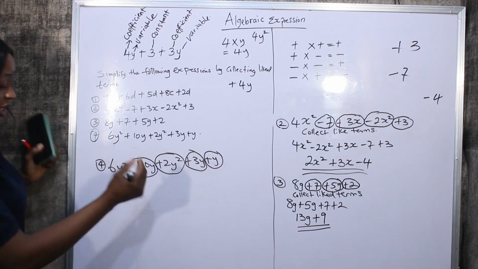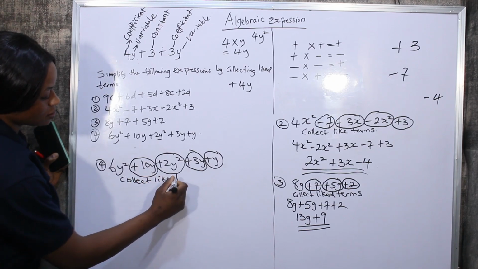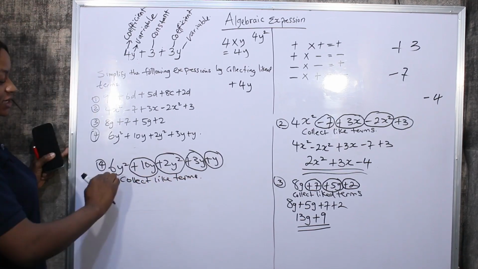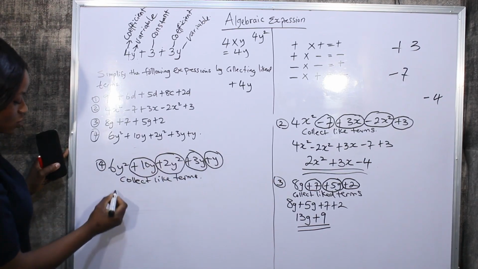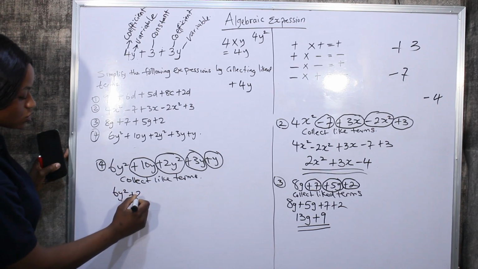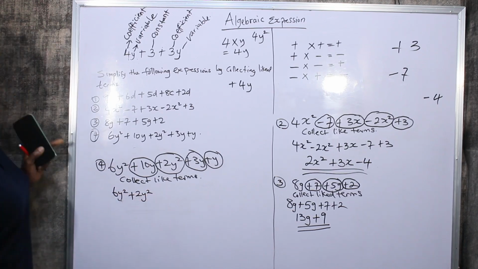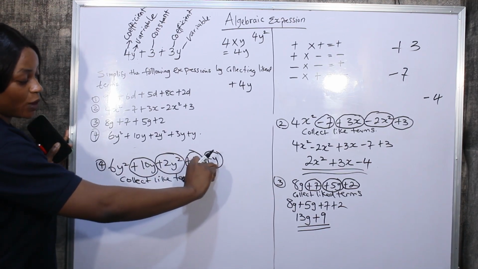So now let's collect our like terms. 6y square and 2y square, they are like terms. So you bring them together. 6y square plus 2y square. We have 10y plus 3y, and here we have what?